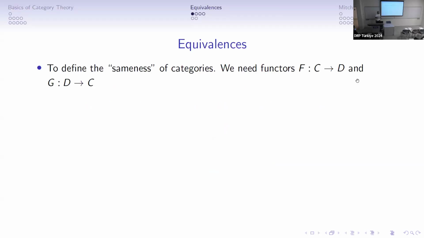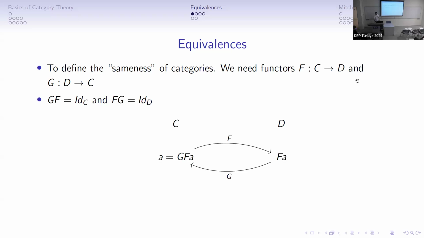So now we came to the point where we want to define the sameness of categories. If we try to construct an isomorphism, we will have something like this. This composite needs to be equal to identity. So when we take an object and come back to the original category, it must be equal to the same object.